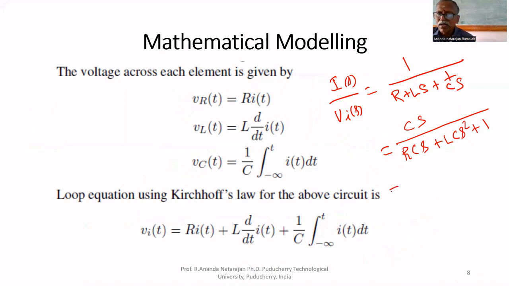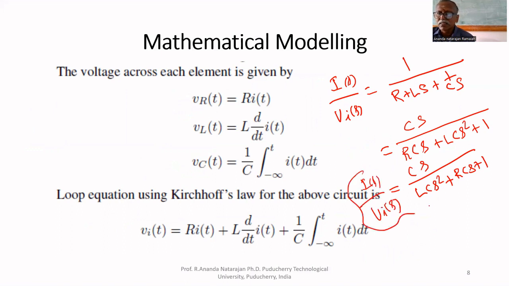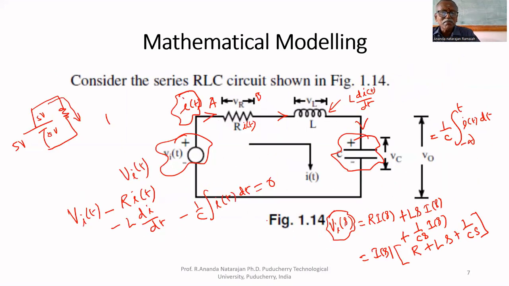So if you put it in convenient form, Cs upon LCs square plus RCs plus 1. That is I of S upon Vi of S. This is also a mathematical model.